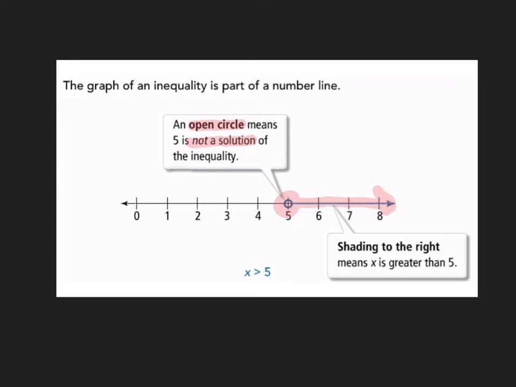Well, the numbers go greater, right? So therefore, the solution to the inequality can be any number x that is greater than 5. So 6 works, 7 works, 8, as long as it's greater than 5, because the circle here was open, and that means that the number the graph started at, 5, is not a solution.